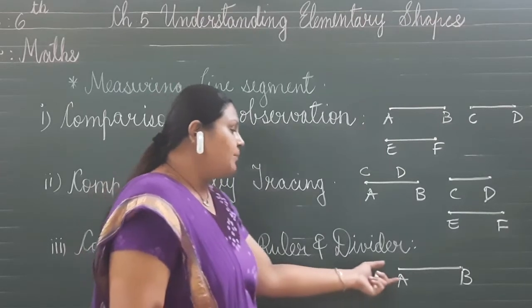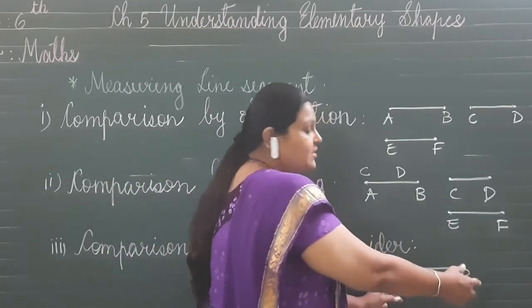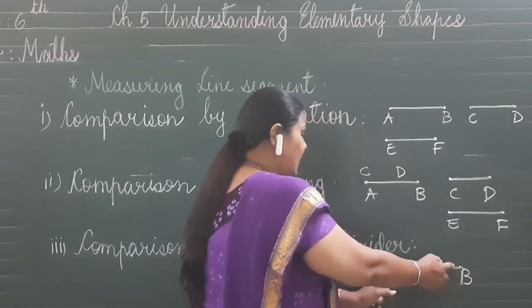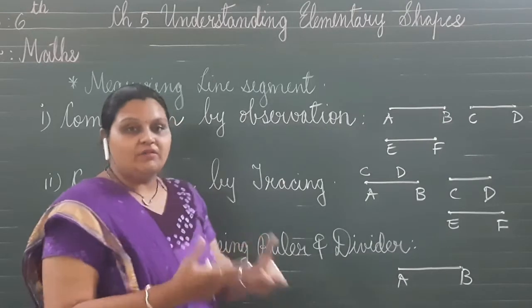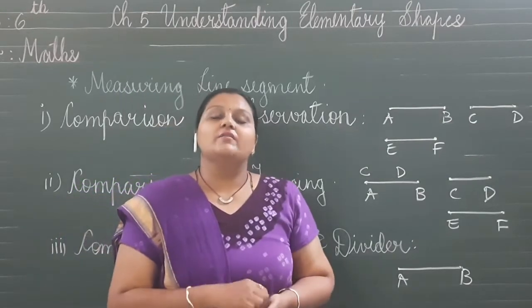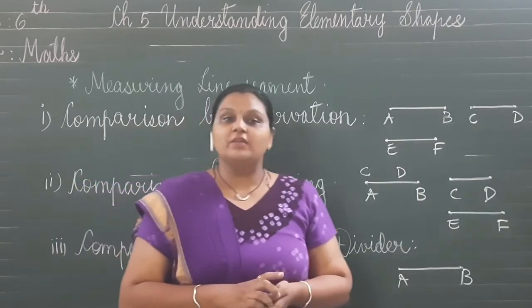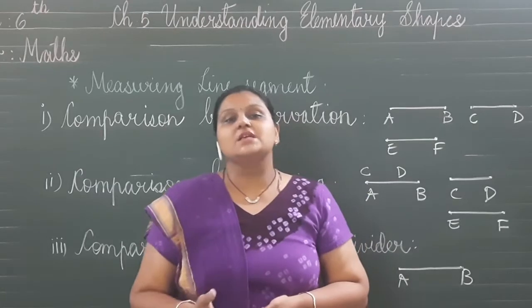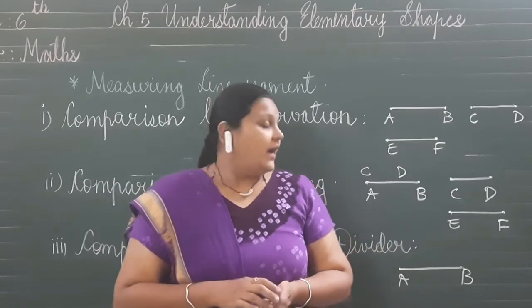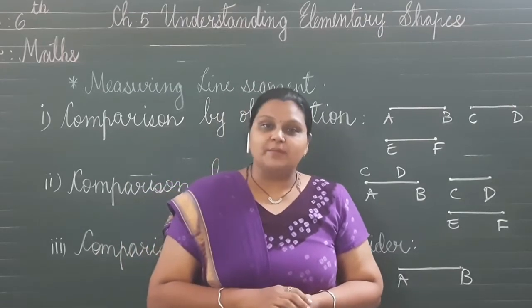Very first I will keep those points on A and B. After that I will put the same on a ruler, or you can say a scale. Whatever the measure is will be our measure. The benefit of this method is that it becomes easy to measure and we get the exact measure of the line segment.